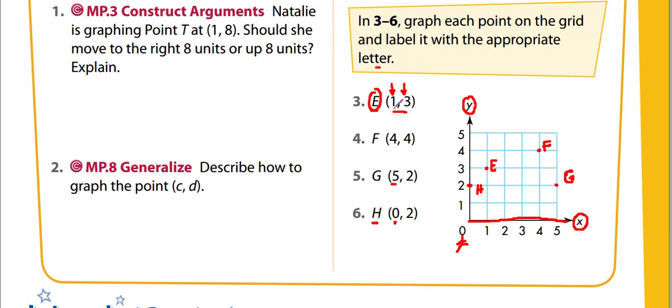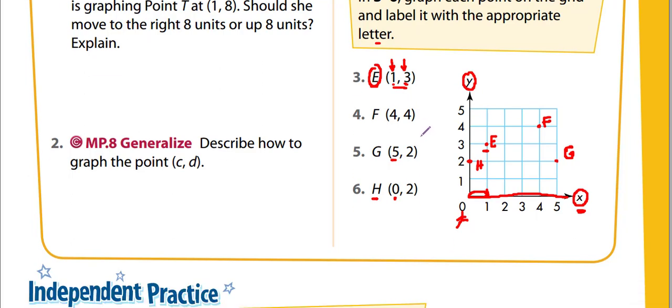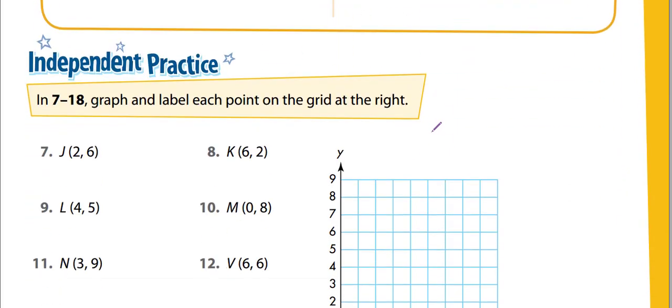The 1 is called the x-coordinate because we move to the right 1, so it's referring to the x direction or x-axis. And y is up, so we went up to 3, so 3 is called the y-coordinate. Okay, all of the other questions are talking about the same idea.